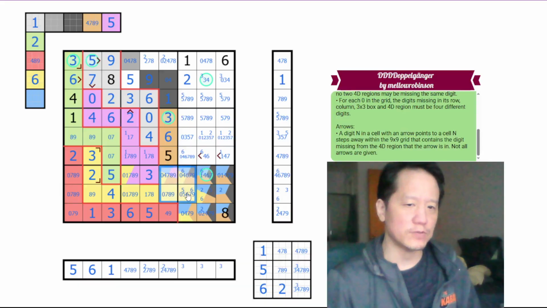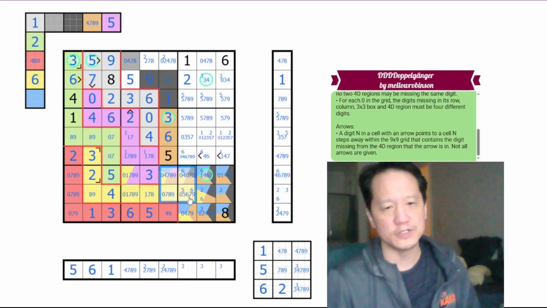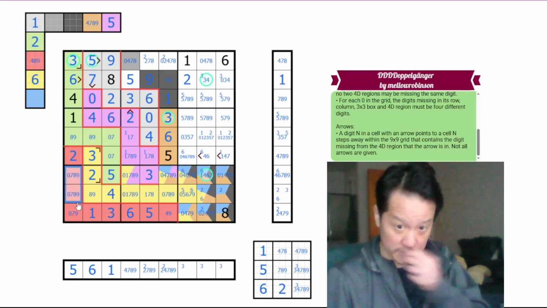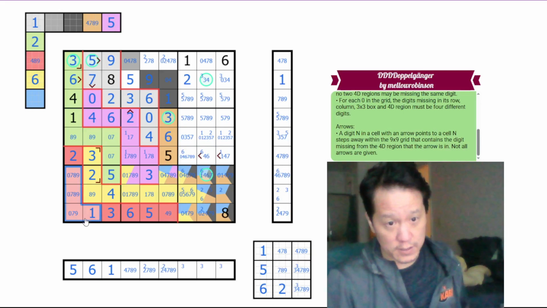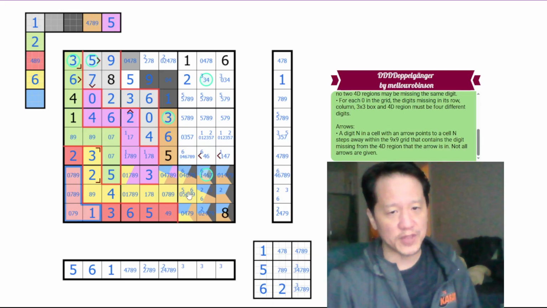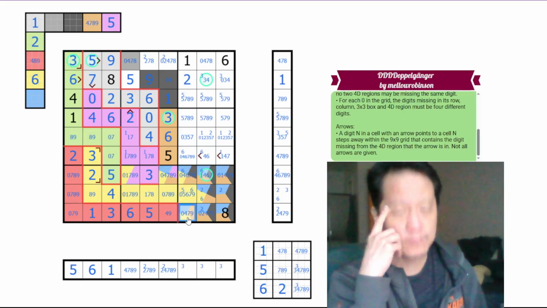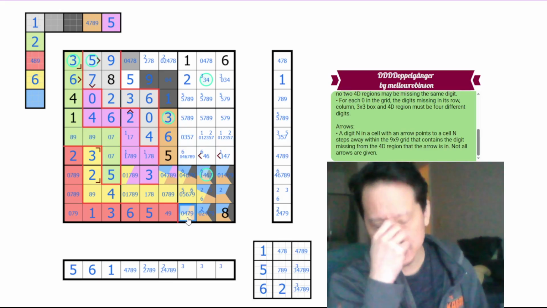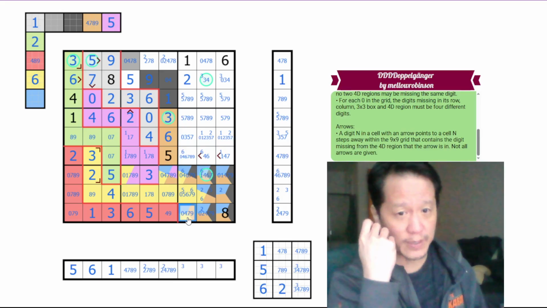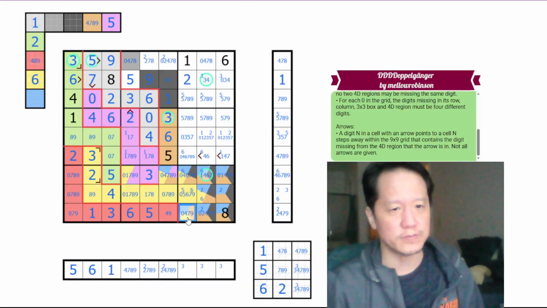So the 0 in the yellow region is guaranteed to be in row 7 or 8. And it's missing a 6 in the yellow region. The 0 in the red region is missing a 6 in its box. But the thing is, the 0 in the yellow region could be this one, right? So that's the reason why it's problematic to assume.